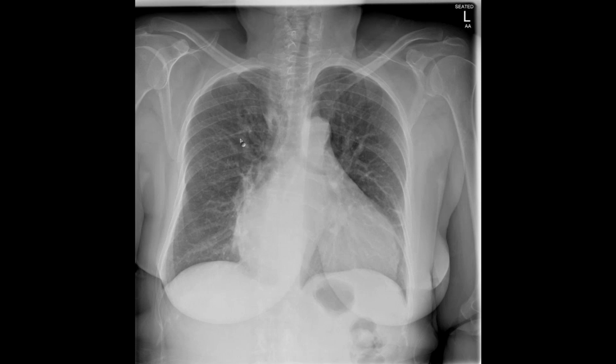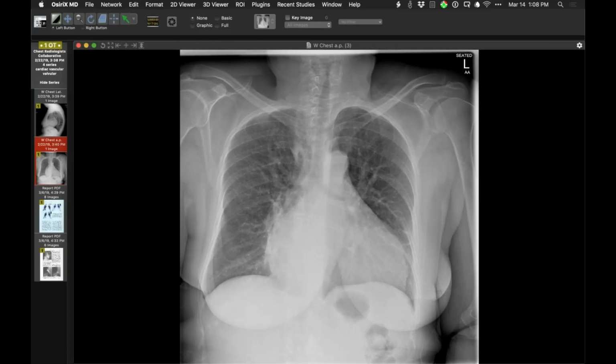And it's a nice demonstration of the situation where the pulmonary vein is where it should be, which is lateral to the corresponding artery. So left superior pulmonary vein, lateral to the corresponding pulmonary artery. And this person has a huge left atrium, mitral valve disease and chronic pulmonary venous hypertension.